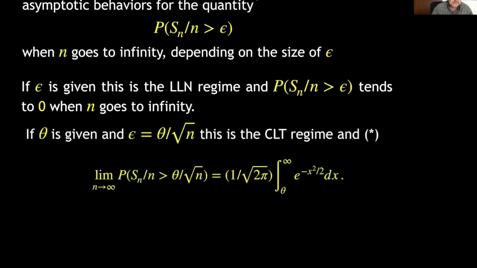But if theta is given, and if epsilon is chosen equal to theta over root n, then you are in the CLT regime, and this means that the same tail probability as before converges this time to the Gaussian tail.